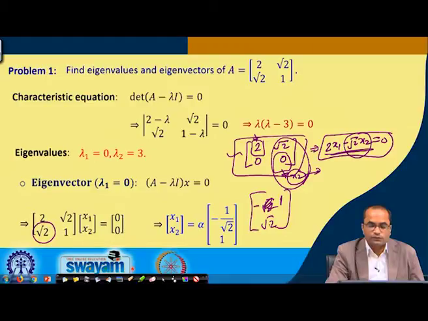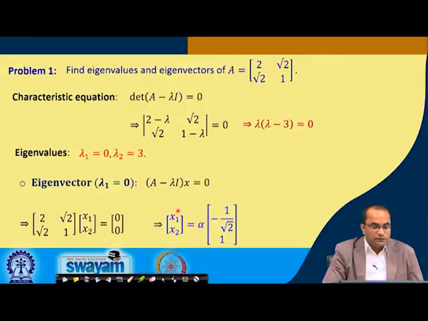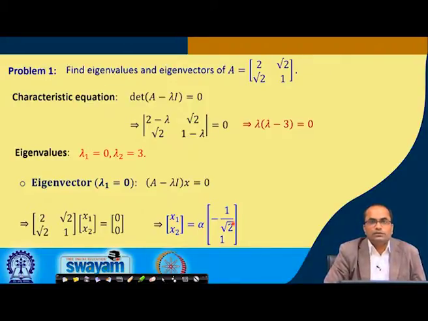So, this vector also we can take, minus 1 and square root 2, or we can take 1 and minus square root 2. So, we can multiply by any number here, that will be the characteristic vector, or the eigenvector of the given equation. So, the one eigenvector we got corresponding to lambda 1 equal to 0 is this.